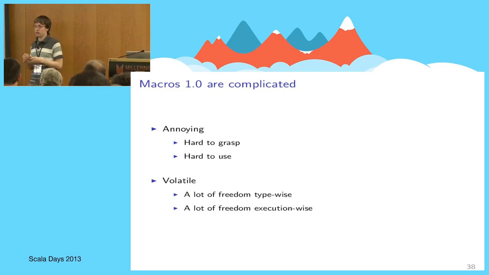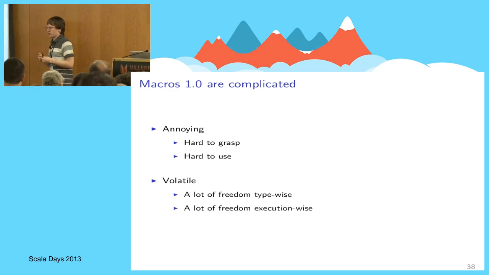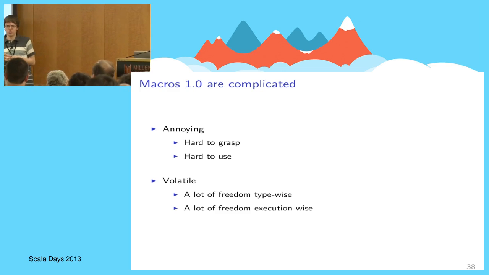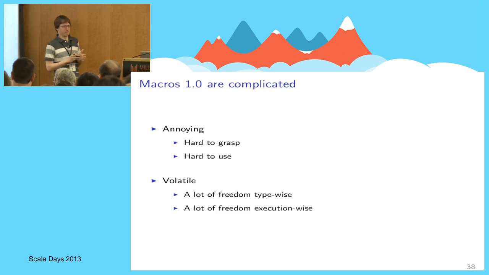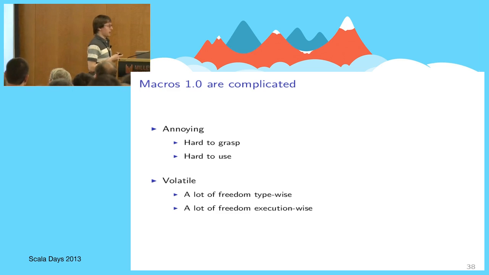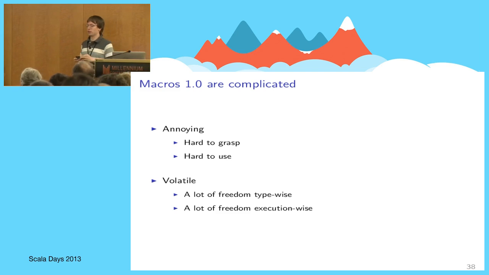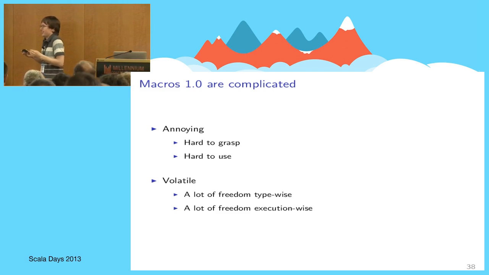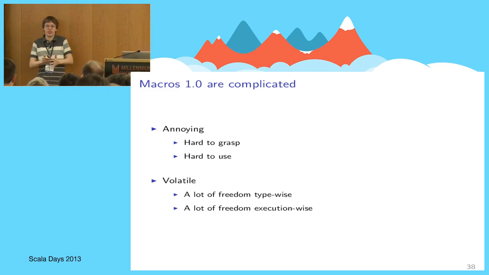things that we don't exactly like. So first of all, as I mentioned in the very beginning of my talk, macros don't require a PhD in compilers to write, but they require, well, some knowledge of Scala internals. This can be annoying at times. Secondly, macros can do a lot, but on the other hand, they're really volatile. They can do a lot and they're unpredictable, right?